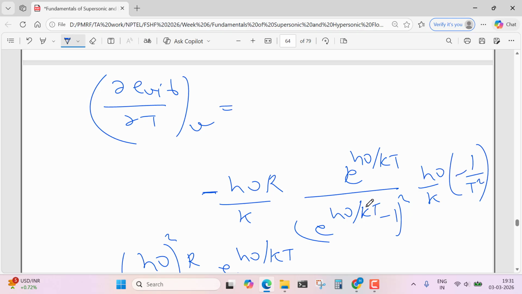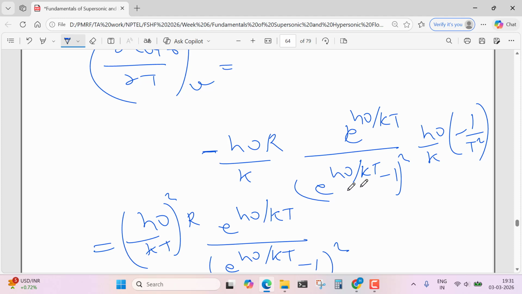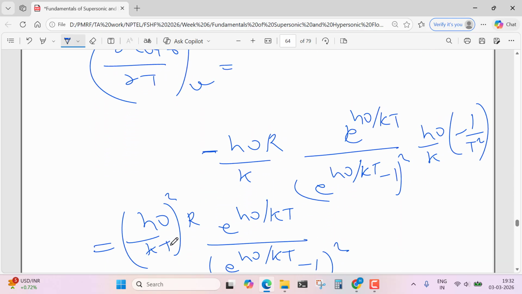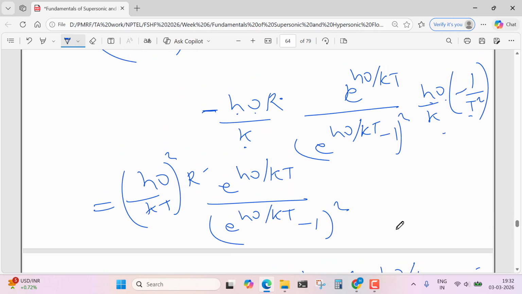Minus minus will become plus, and this gives h nu upon kT whole square, with R, into e to the power h nu upon kT upon e to the power h nu upon kT minus 1 whole square.